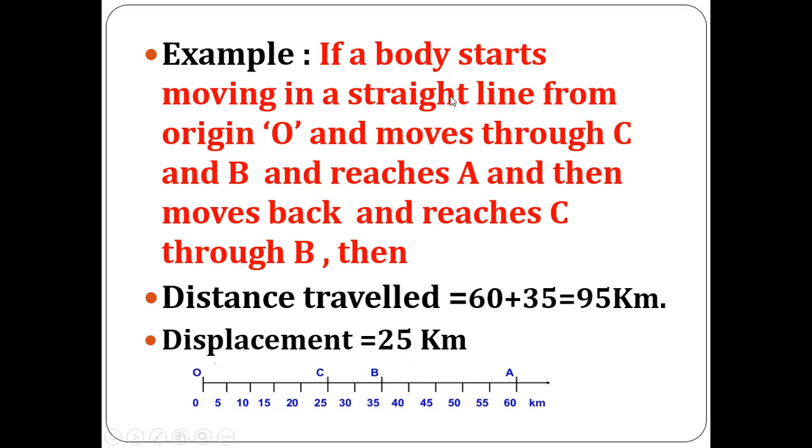So if a body starts moving in a straight line from the origin O, moves through C, then to B, reaches A, and comes back to C through B, the distance traveled is 95 kilometers and displacement is 25 kilometers.